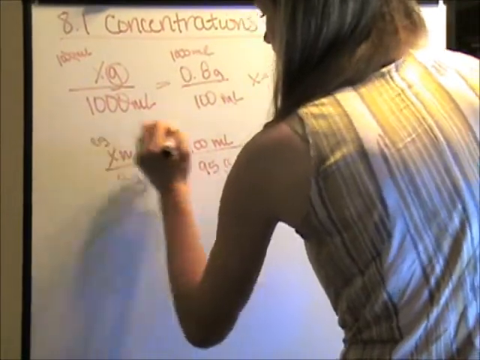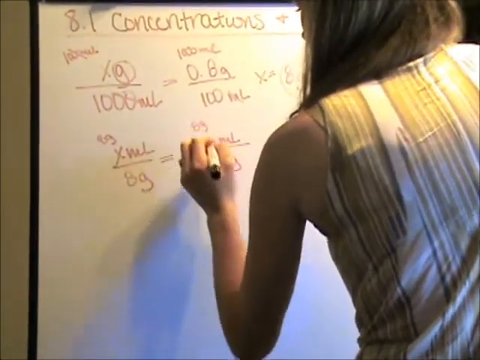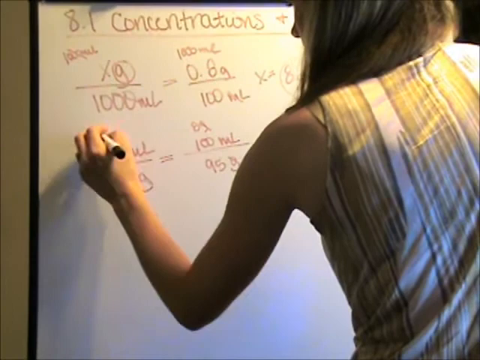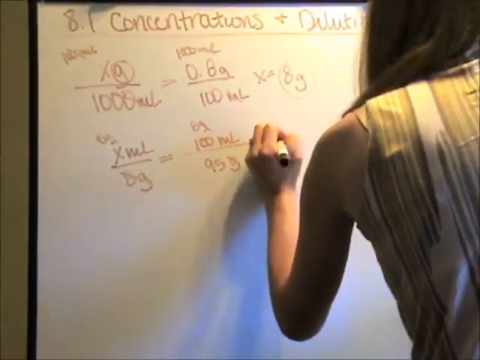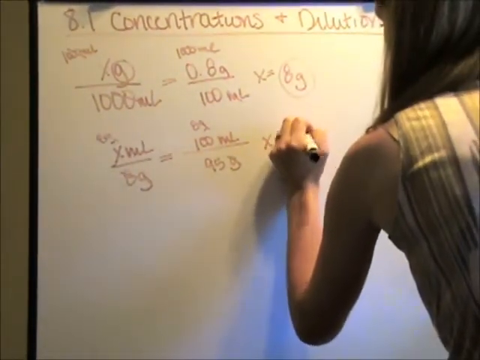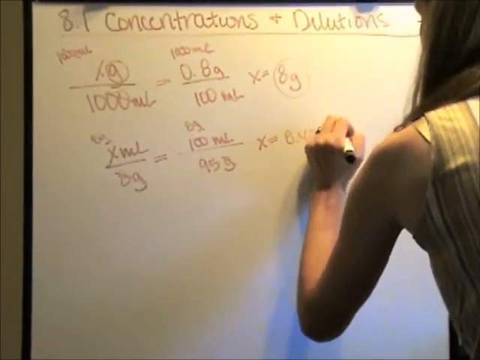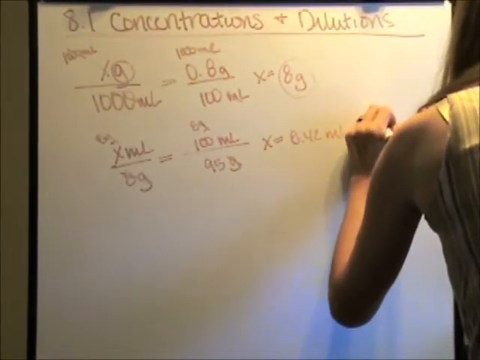Now we can solve for X. So X is going to equal 8.42, and that's milliliters, and so we know that that's our concentrate.